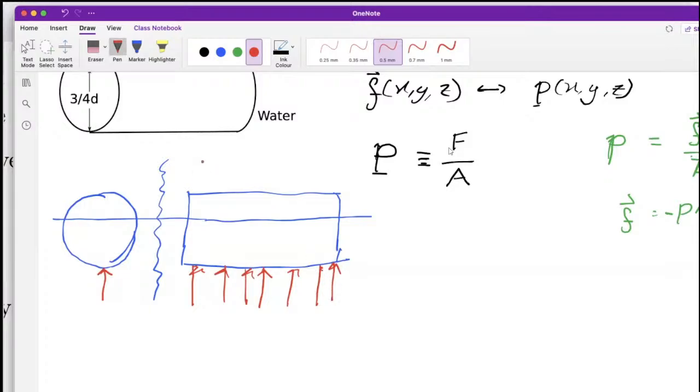And now, okay, we will look at the water line. This is basically zero pressure here, just at the exact location of that water line, because that's where we define zero.